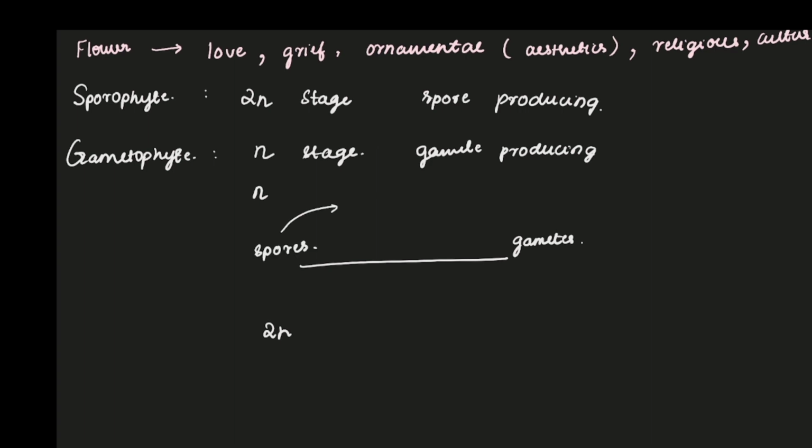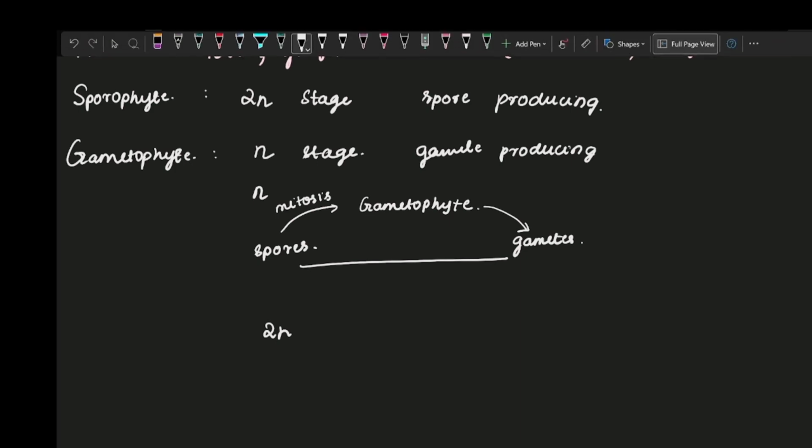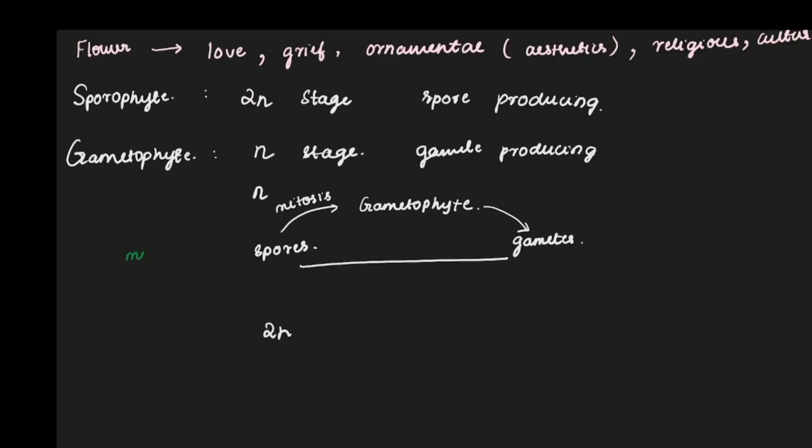Because they undergo mitosis and hence form the gametophyte and hence give gametes. So in this chapter, you will learn that microspores undergo mitosis to give the gametophyte, which is nothing but the pollen grain, and that will give the gametes, which is nothing but the male gamete, which the pollen tube will carry.